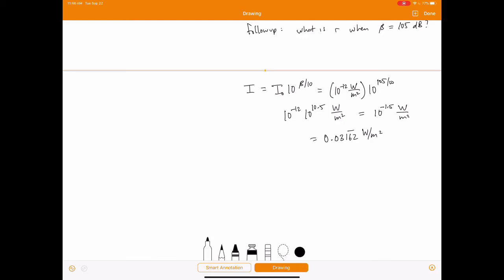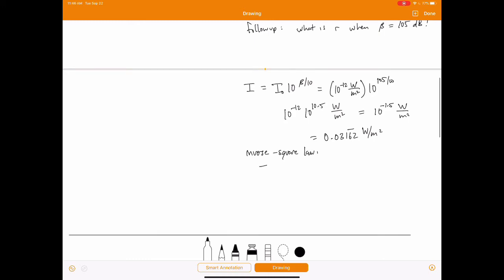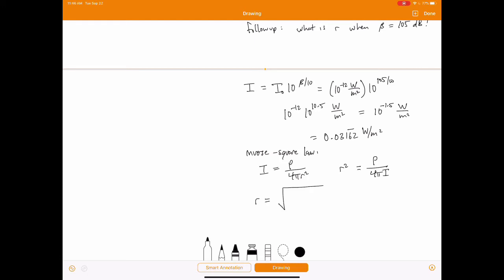And then using the inverse square law, the next thing we can do is relate that sound intensity to the distance. I is equal to P divided by 4πr². So if we solve for r², that's going to be P divided by 4π times I. And of course, we'll have to square root that to get r.